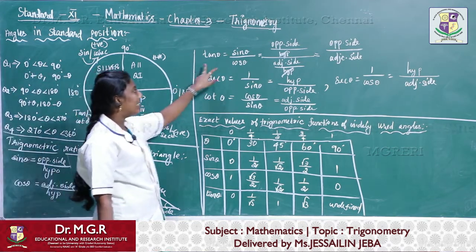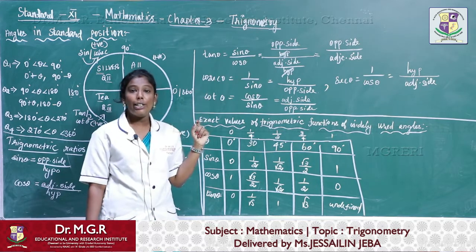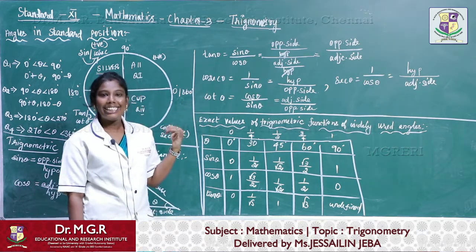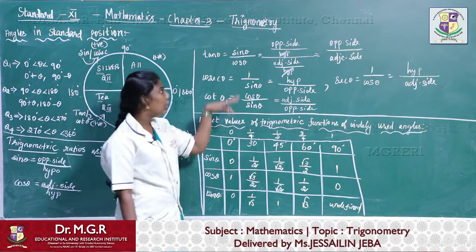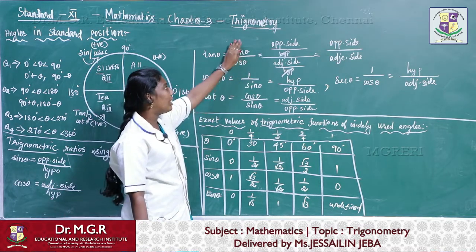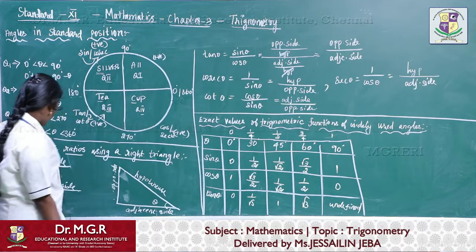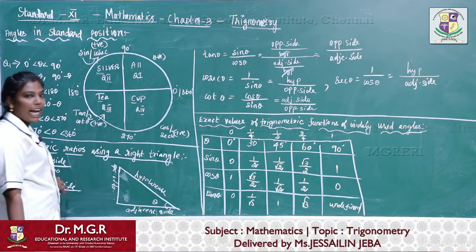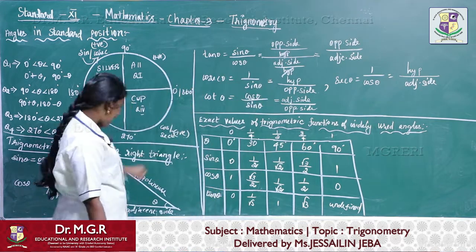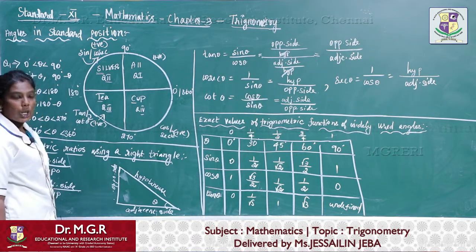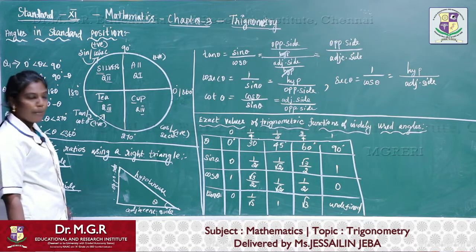For tan theta, you already know the formula of tan theta is sine by cos. We can write tan as sine by cos. So what is the formula for sine in a right angle triangle? Opposite side by hypotenuse. So substitute opposite side by hypotenuse, and the formula for cos theta is adjacent side by hypotenuse.